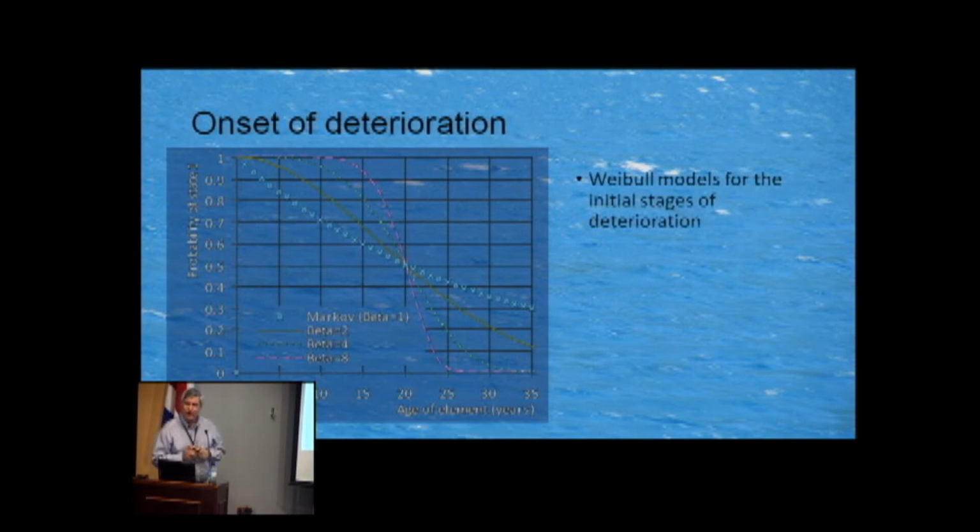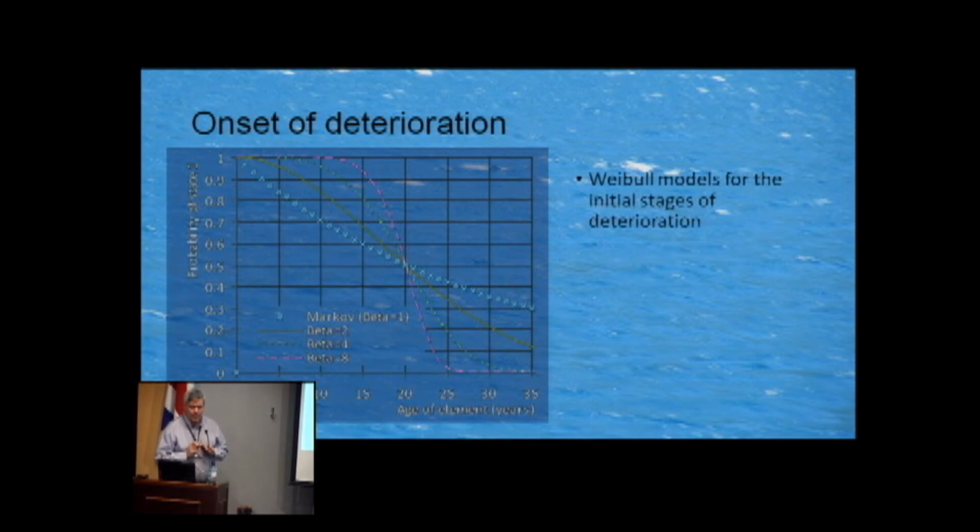And a Weibull model is a really good way of doing that. It gives us a good, accurate picture of how slowly or quickly the deterioration starts in a bridge's life. So we did a lot of research on this in Florida and came up with some good models. They're not built into Pontis yet, or in Stantec BMS for that matter. So only Florida is using these models right now.